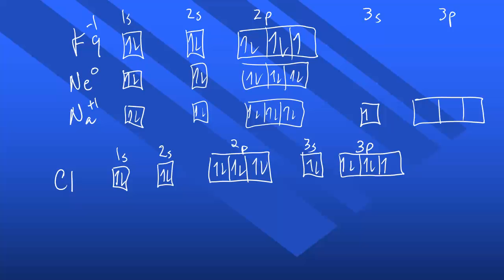Those little arrows represent electrons. Is there any difference? While one is spinning clockwise, the other one's spinning counterclockwise. Pauli's exclusion principle. All right, is that what you guys got?